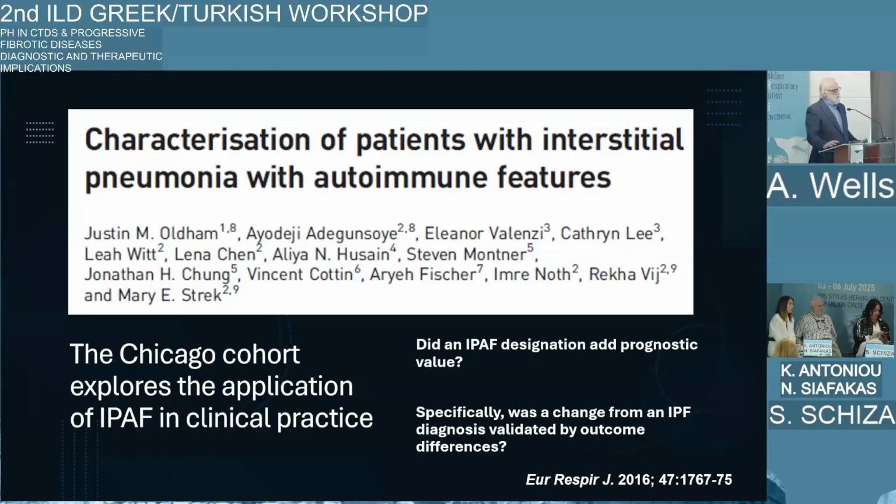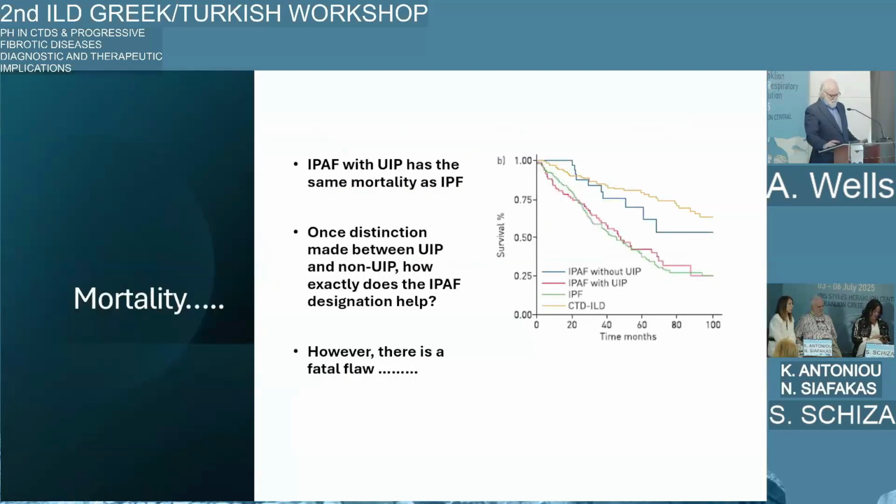Now, I've tended to use this study, the largest study in debates, to argue that IPAF is not fit for use. And this is a very large cohort. I'll see if I can work this pointer of patients either meeting IPAF criteria or else criteria for IPF or connective tissue disease with ILD.